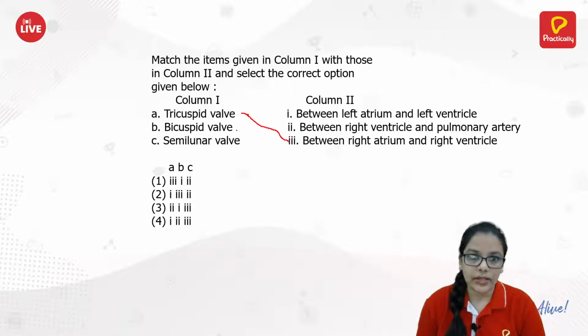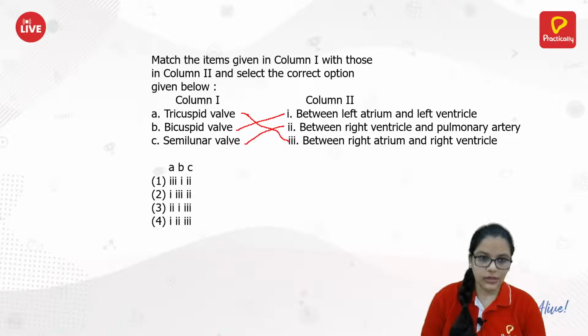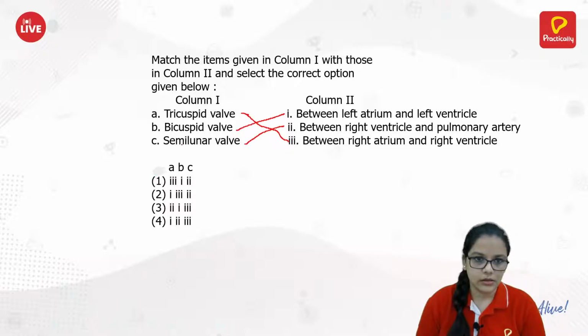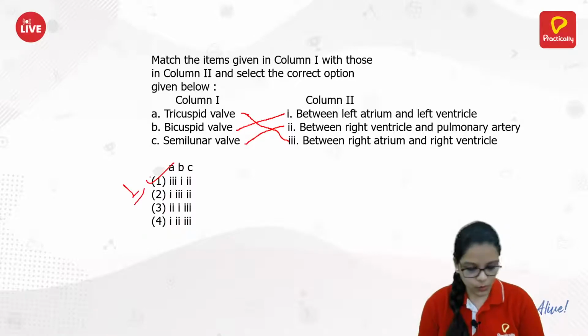The bicuspid valve is between the left atrium and left ventricle. The semilunar valve is between the right ventricle and pulmonary artery. So the answer is A3, B1, C2, which is option 1.